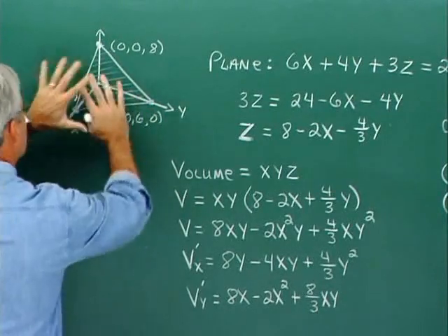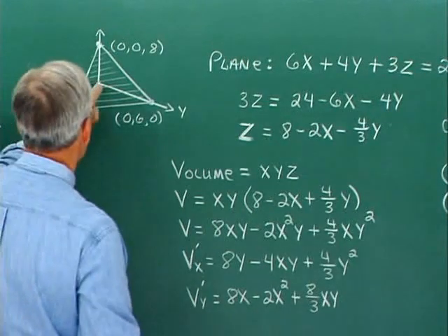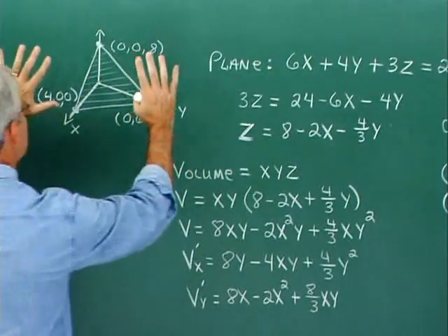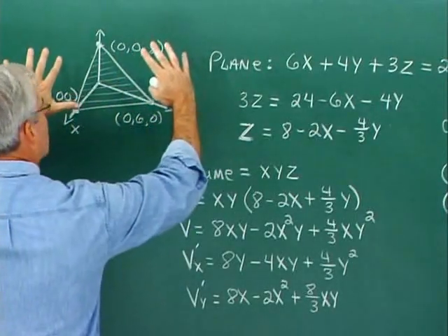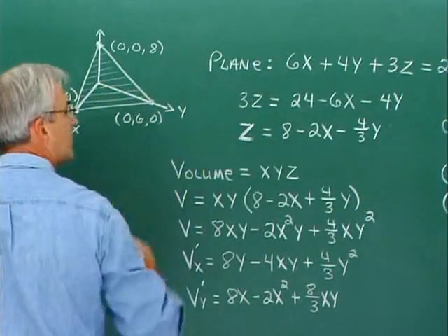Those are just intersection points. The plane continues forever. And it's as though we have a little corner back in there, and this plane is making more or less a triangulation with that corner.